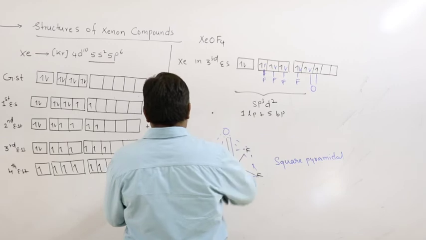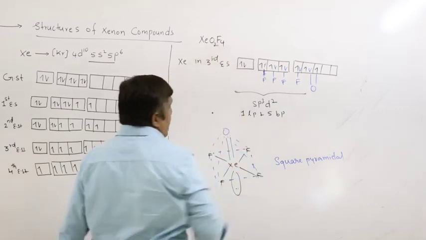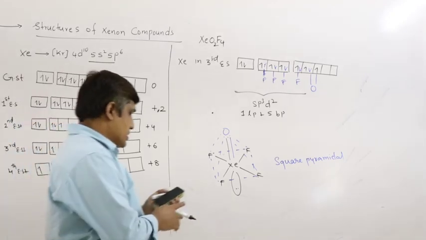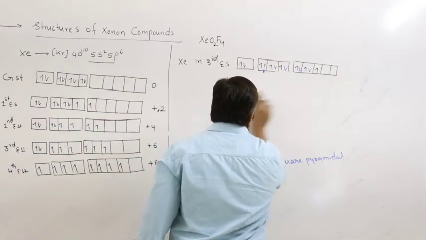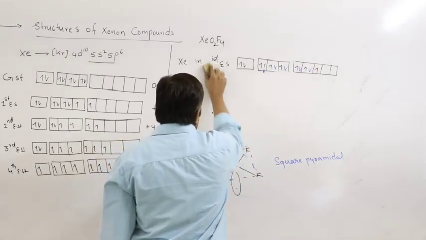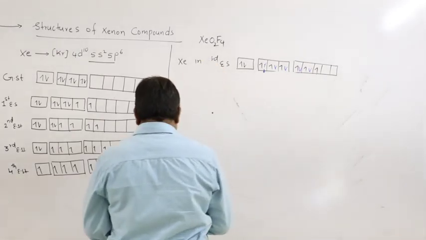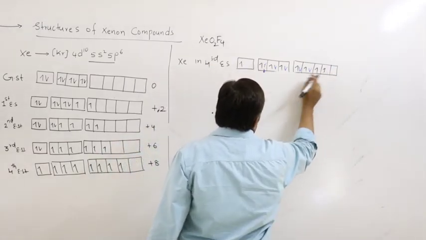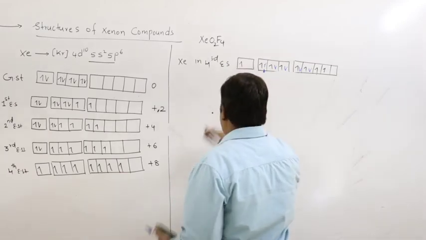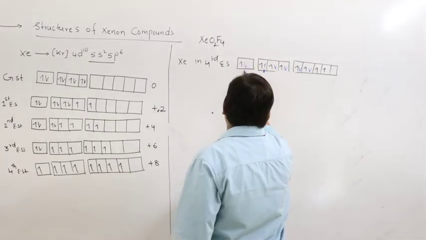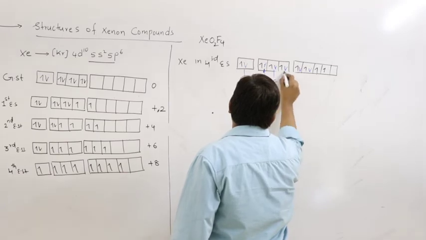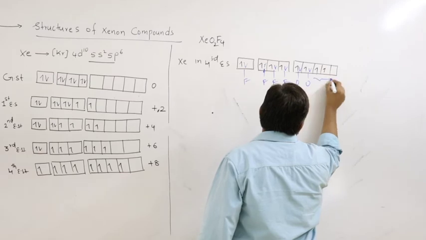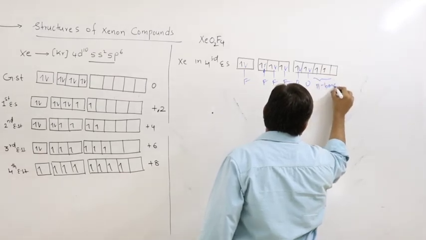So the next one is XeO2F4. So we are adding one more oxygen. So that oxygen requires 2 electrons. Therefore, in fourth excited state, this electron is promoted here. 4 fluorines, 1, 2, 3, 4, 1 oxygen, another oxygen. These 2 electrons are used for pi bonds.